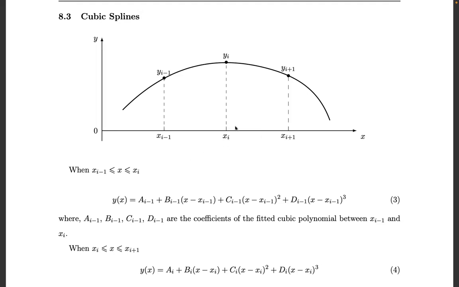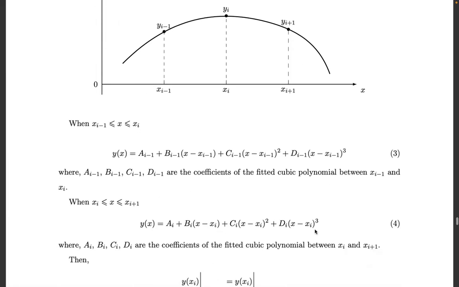Similarly, between x_i and x_{i+1}, in this section, we have another formula: y(x) equals a_i plus b_i times (x minus x_i) plus c_i times (x minus x_i) squared plus d_i times (x minus x_i) cubed.